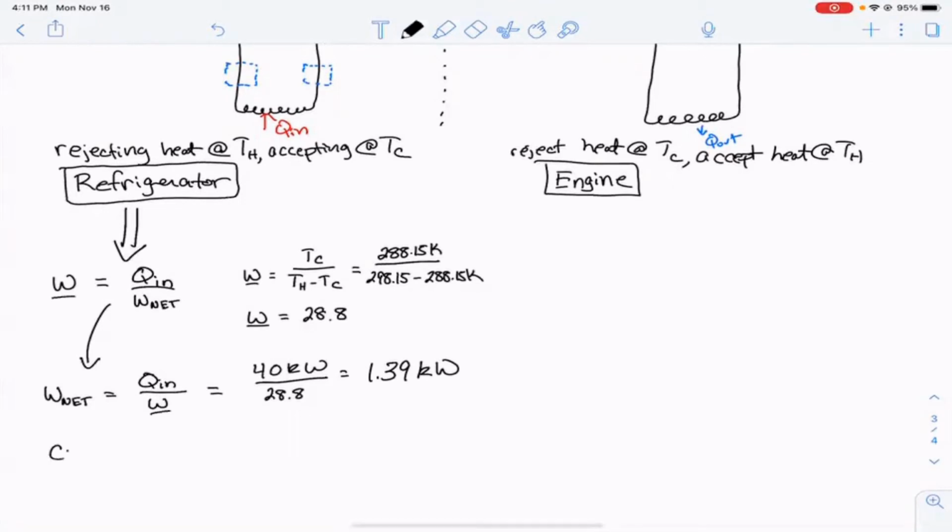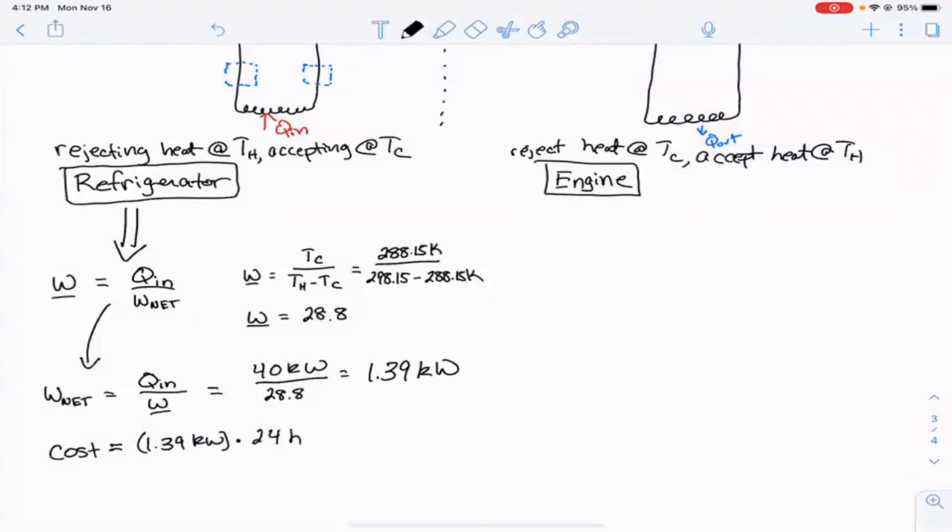And so the last thing that we can do here to solve this problem is to calculate the cost of running this for a month. And so, of course, our cost is going to be equal to the amount of energy that we need. And of course, we're assuming that Q is at a constant rate here. So this is 1.39 kilowatts. Then we know that we buy electricity in kilowatt hours. So we're going to get that in terms of hours.